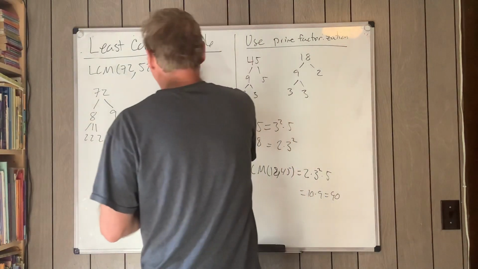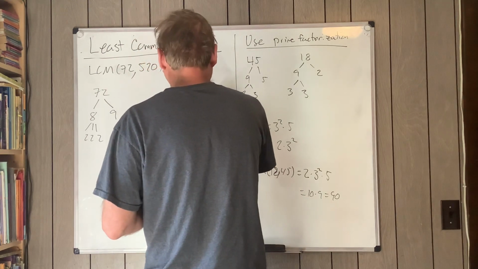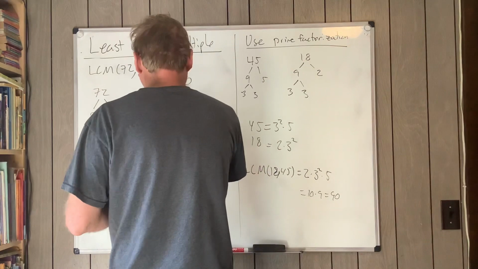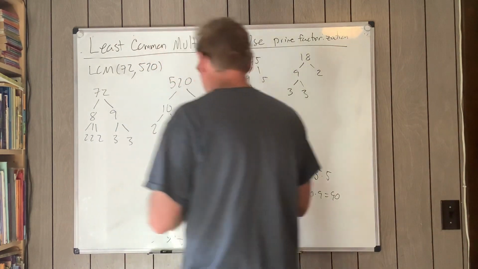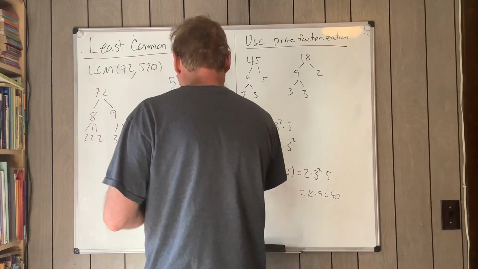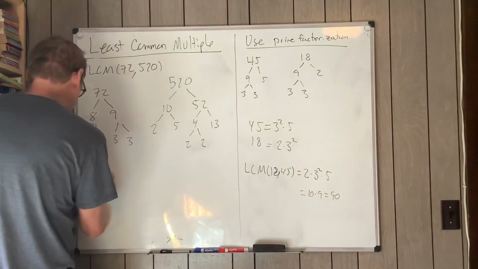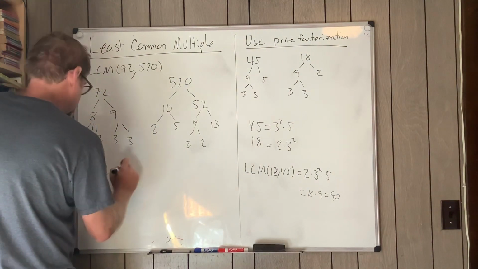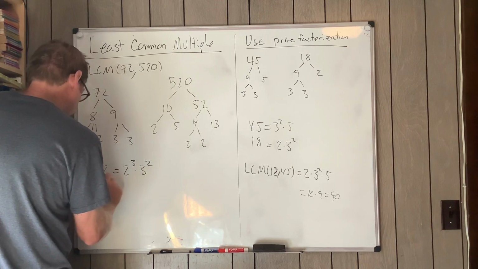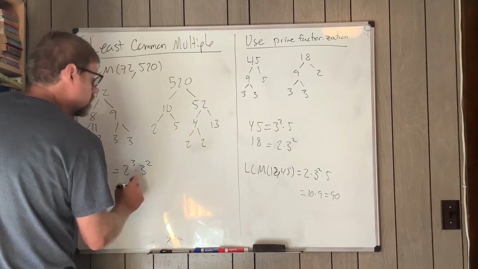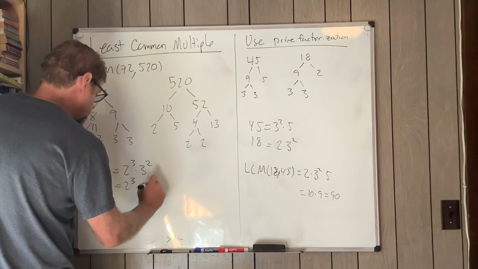For 520, I've got 10 and 52. 10 is 2 times 5. 52 is 4 times 13. So I get that 72 is 2 cubed times 3 squared. And 520, ooh, I have 2 cubed again, okay, times 5 times 13.